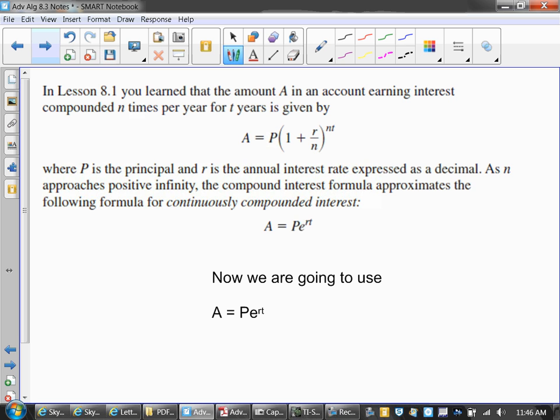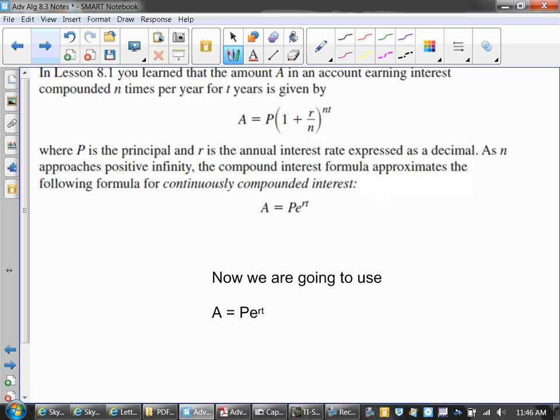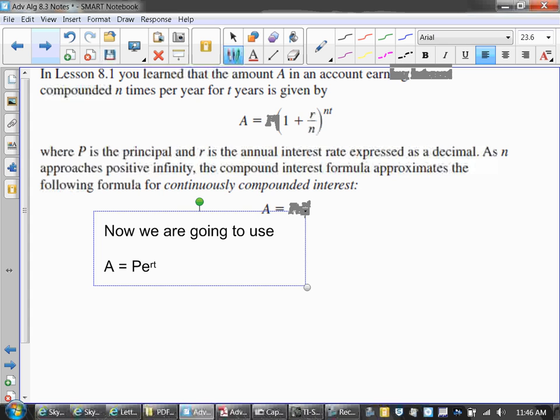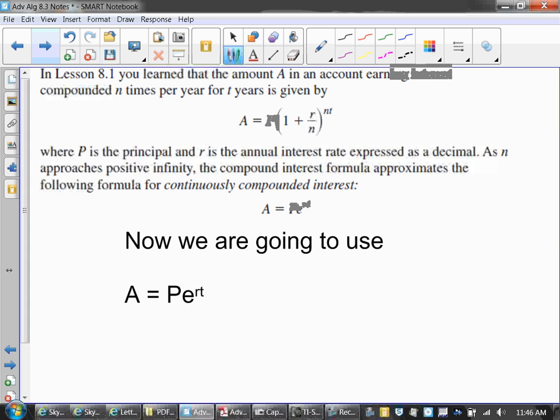When you have the initial amount formulas, the principal, the rate over the number of times compounded per year, and when you have what's called a continuously compounding interest problem, you use the basic formula.